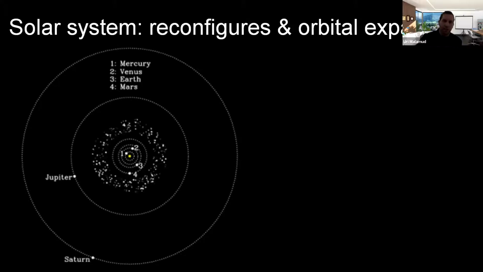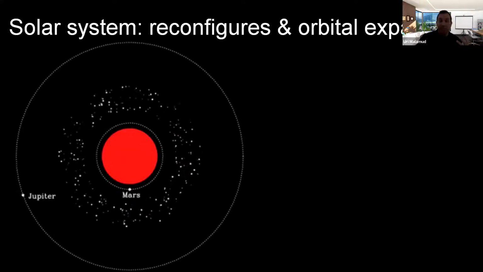And after, say, 11 billion years, the star becomes a giant. Technically, we call this an RGB star, a red giant branch star. And then it becomes an AGB star, an asymptotic giant branch star. I'm not going to focus exactly on what's going on inside the star.